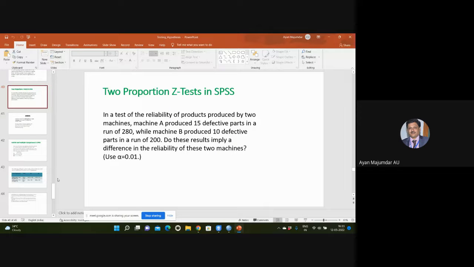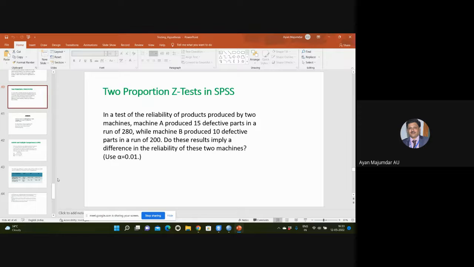Say, in a test of reliability of products produced by two machines, machine A has produced 15 defective parts in a run of 280 parts, while B has produced 10 defective parts in a run of 200. Now, is there any significant difference in their performance?